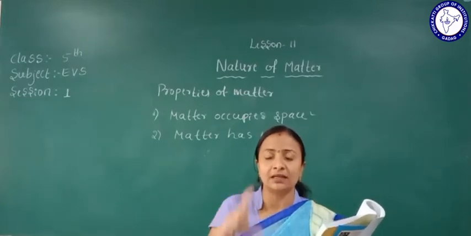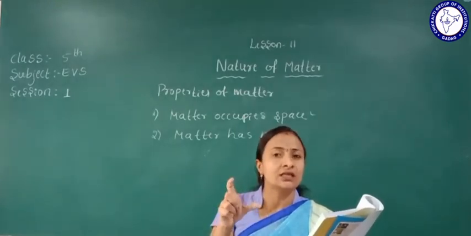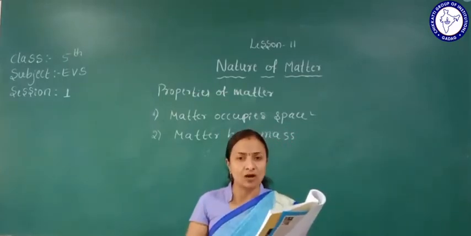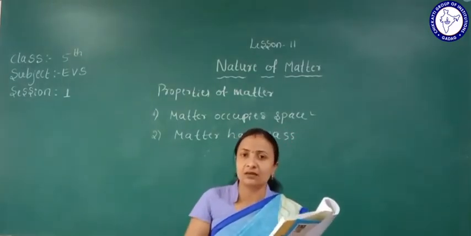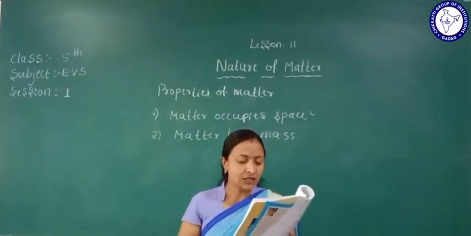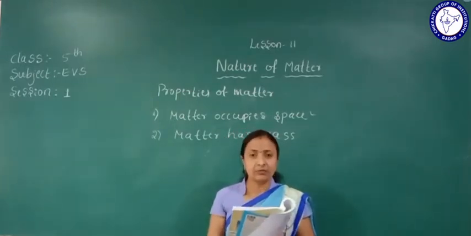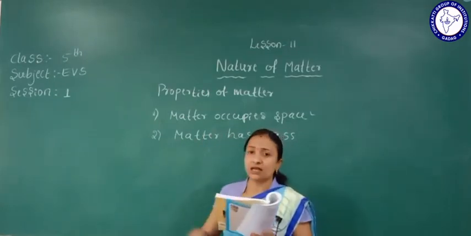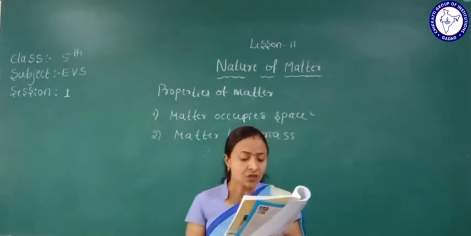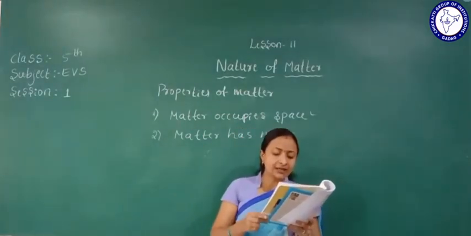But here the glass is already completely filled with water. If we immerse the stone, water will fall down. Okay, so this is also one experiment showing that matter occupies space.